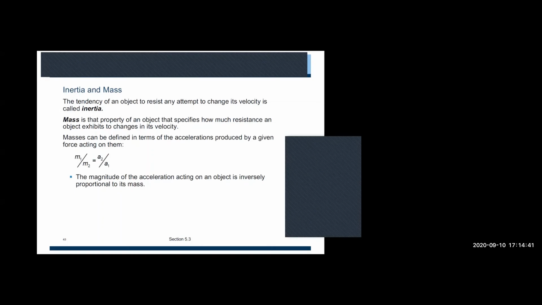And we could determine the mass basically according to the acceleration generated by the same external force. So if the force is the same, then m1 over m2 is equal to a2 over a1. That is how we can determine the mass of the object, by comparing the acceleration generated through the same force. That is the idea.